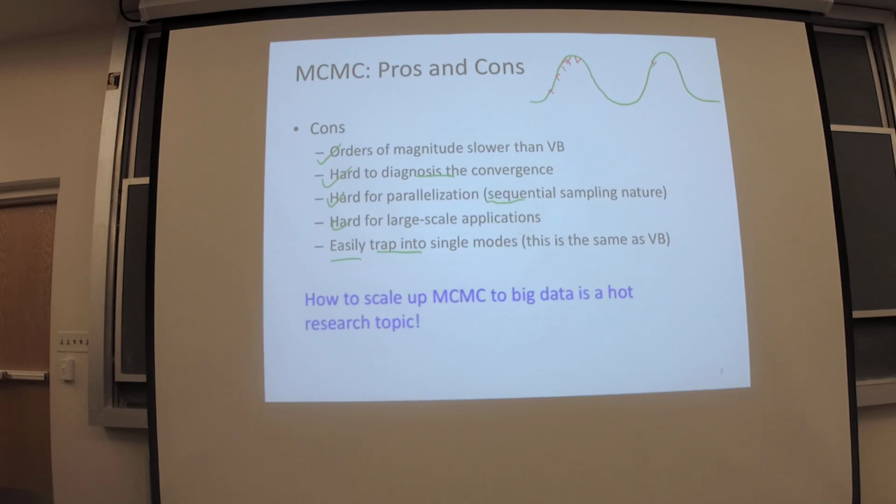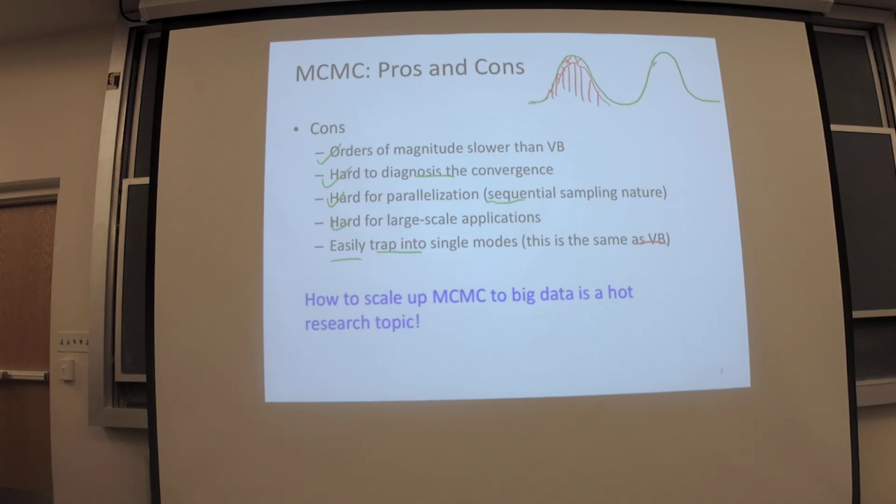So finally, you might end up with a bunch of samples which nicely approximate this mode, but insufficient samples to approximate the other mode. Although in theory, given enough time, like 1 billion years, you would arrive at this second mode and get the whole true posterior. But in practice, we won't be able to wait that long, right? But this is not unique to Markov chain Monte Carlo sampling.